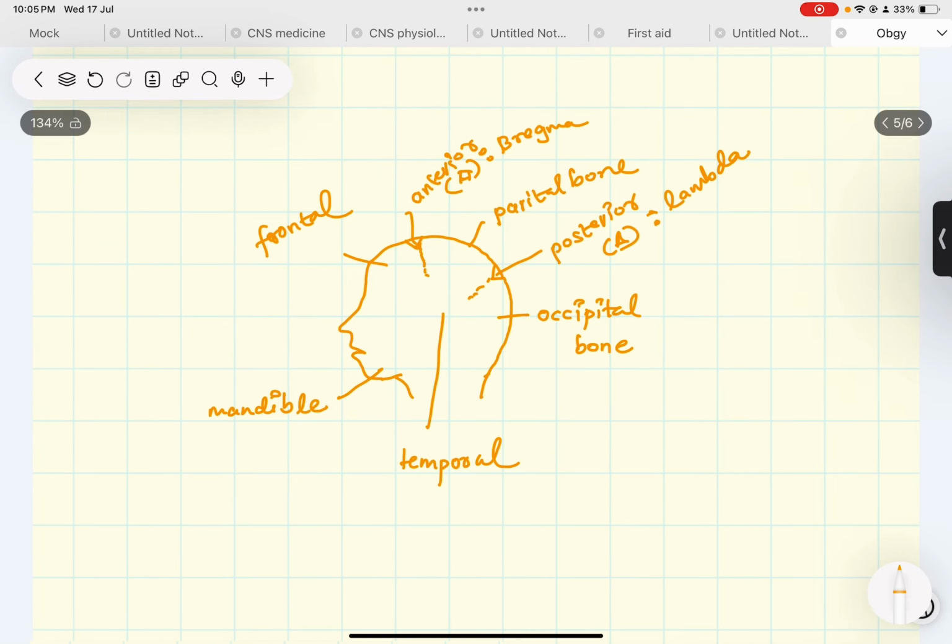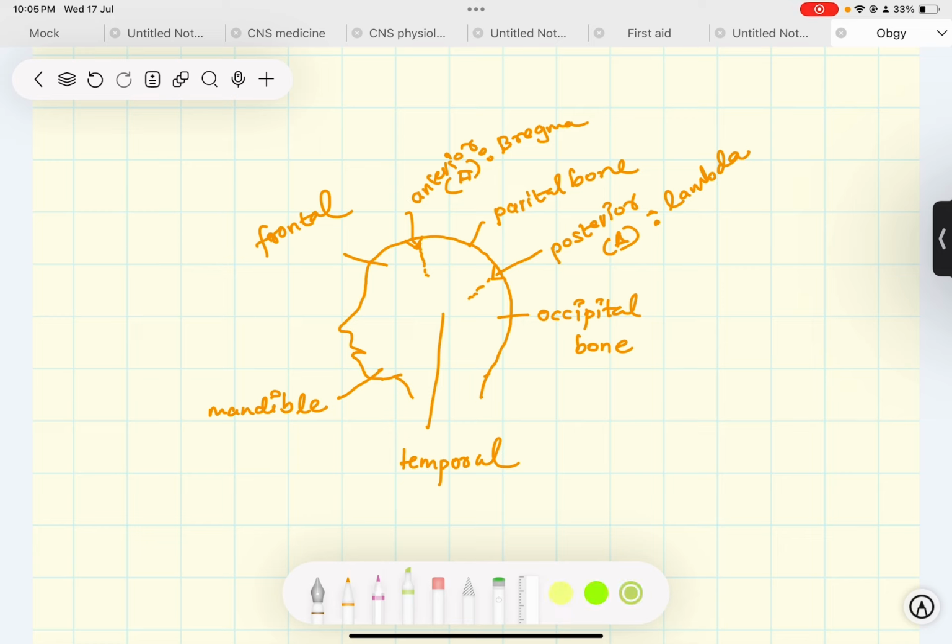So let's see the bregma part, the lambda part, this is the vertex, and this is the face. I think this is the occipital area only. I don't know what they are calling this, but I am going with that.